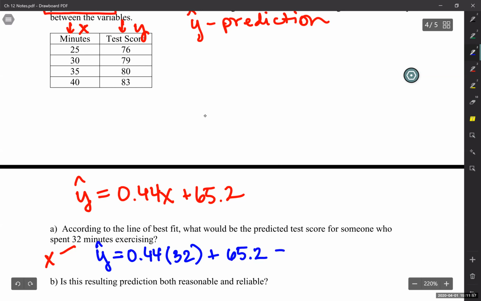That will result in 79.28. Oh no, Y is our test score, so that would be points.